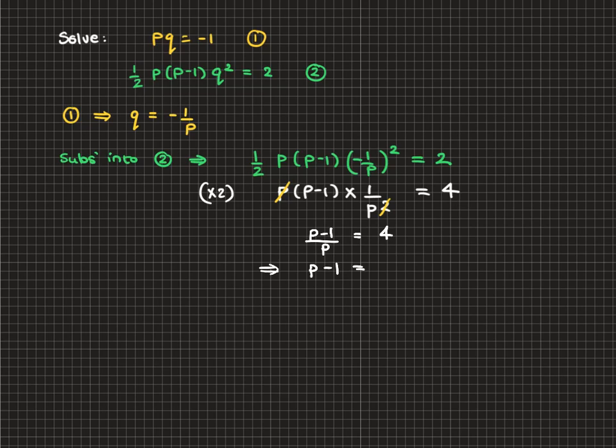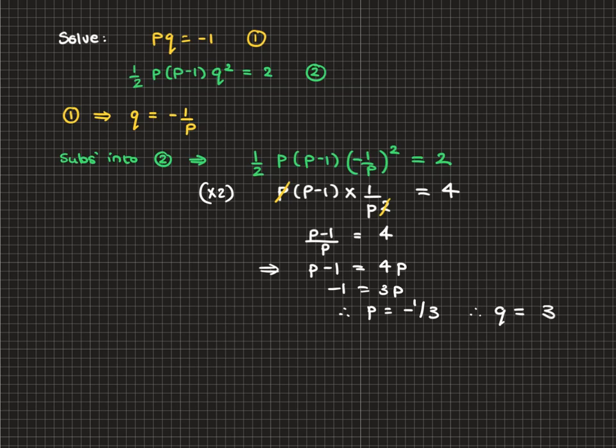So p minus 1 is equal to 4p, and p is equal to negative 1/3. This then allows us to calculate the value of q, which is negative 1 over p, which gives us q equals 3.